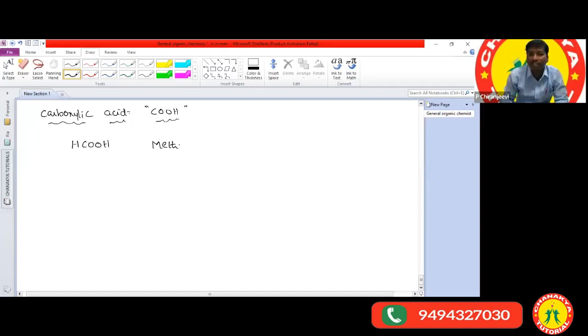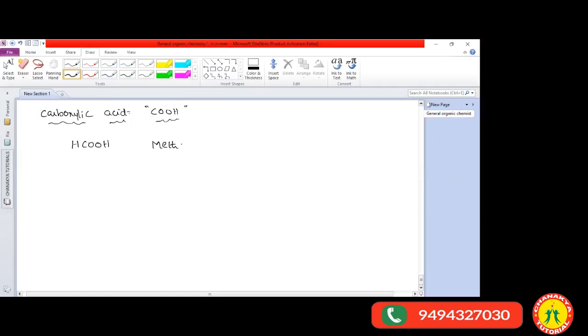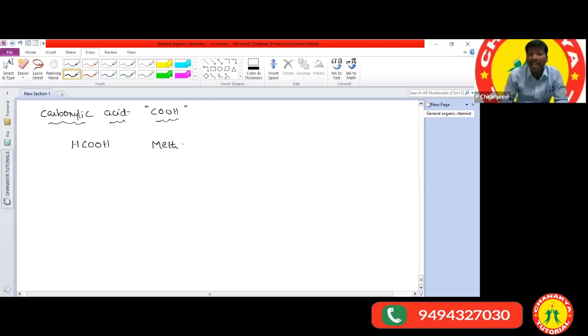What is the suffix for saturated compounds? ANE. Saturation means ANE. In that, the E is replaced by the suffix of the carboxylic acid.